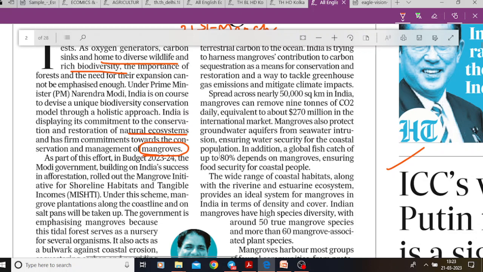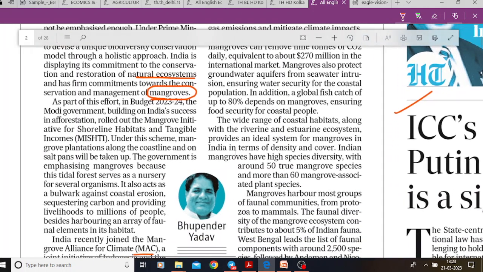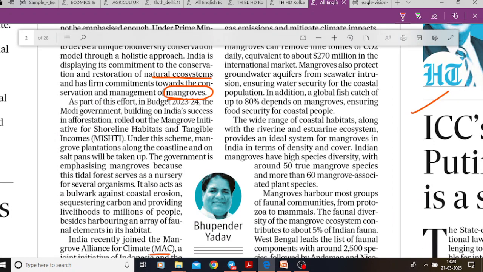Now, you understand this? Mangrove is a vegetation, not plantation, sorry, vegetation that grows where the river water meets salt water, that is seawater. Because in this particular juncture, mangrove forestation happens.